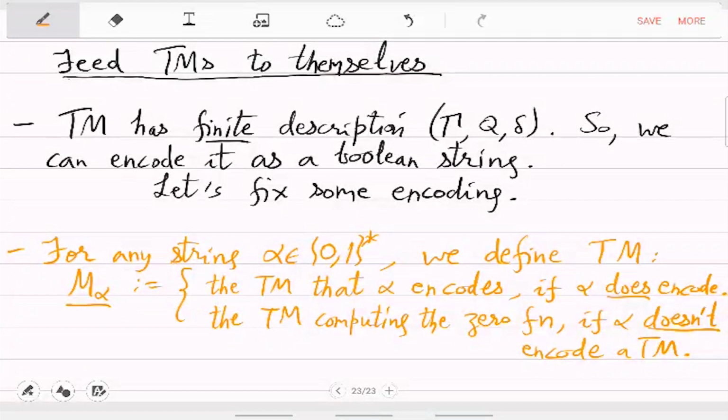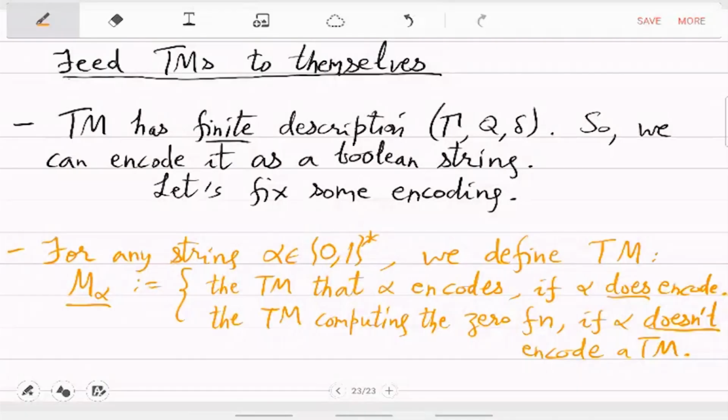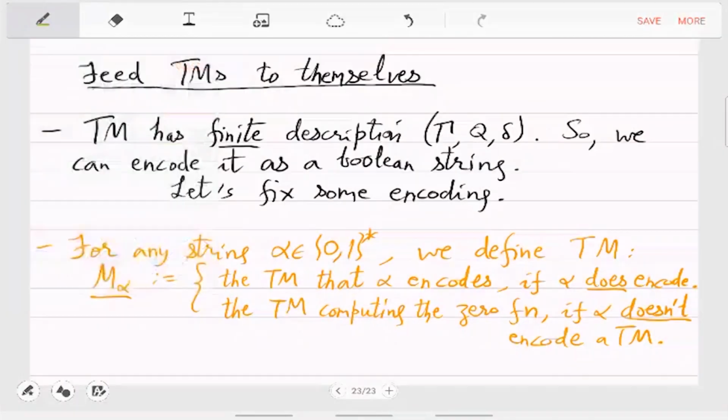So now strings correspond to Turing machines, and that is amazing, right? That any string can be seen as an algorithm. So every string is also an algorithm.